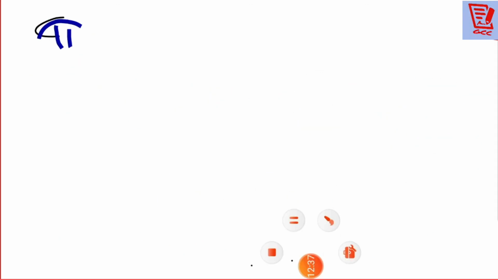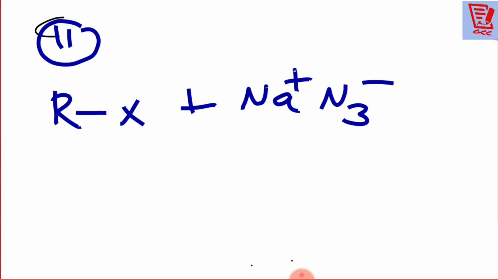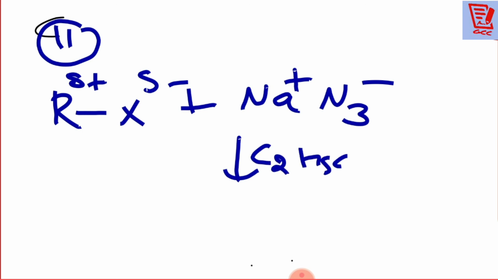Now after that, number 11. Keep in mind, all these reactions are coming in the first part only. Okay, substitution by azide group. What is azide? Again I am writing RX plus, here I am writing Na positive, N3 negative. R is positive, here X is negative. What am I getting? Again in the presence of C2H5OH and water.